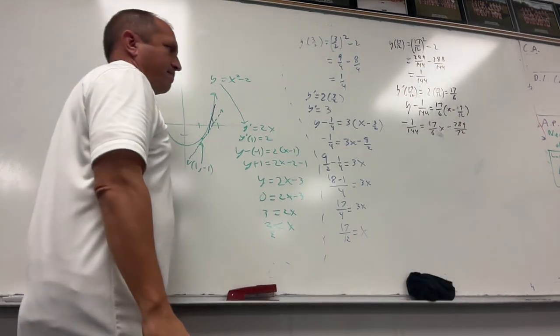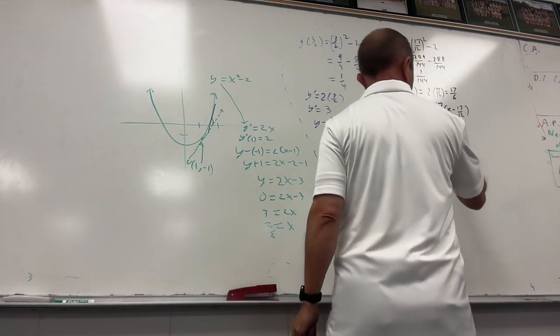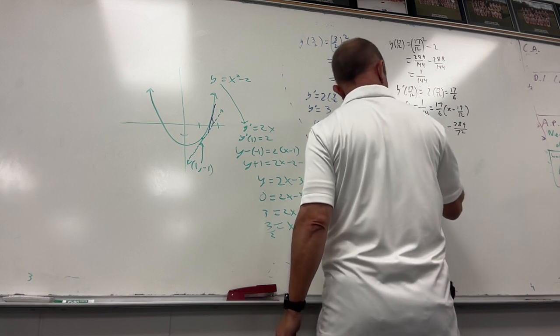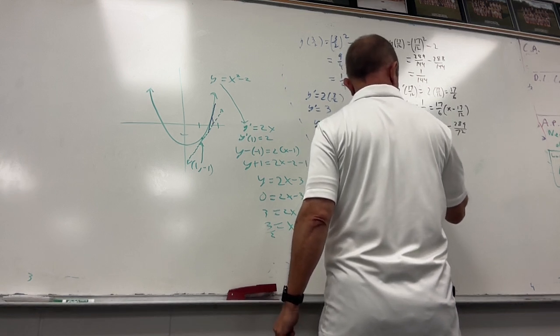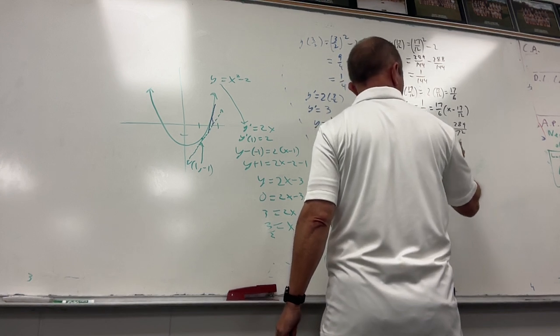Right? Okay. So, from here, add 289 over 72, subtract from that 1 over 144.